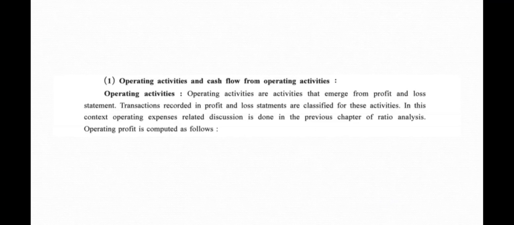Operating activities are activities that emerge from the profit and loss statement. Transactions recorded in profit and loss statements are classified under these activities. In this context, operating expenses related discussion was done in the previous chapter of ratio analysis. Operating profit, we know how to calculate, we already learned that chapter.